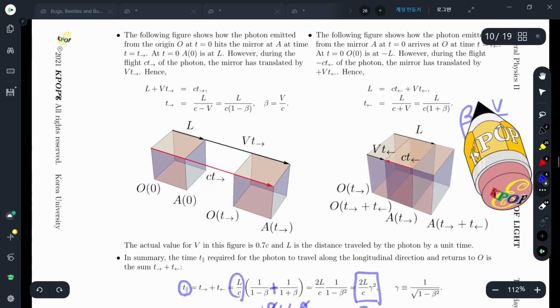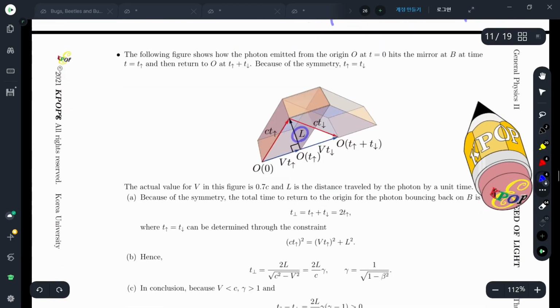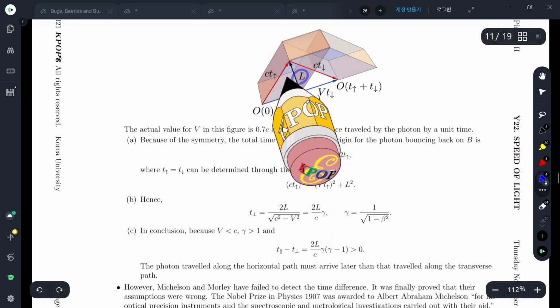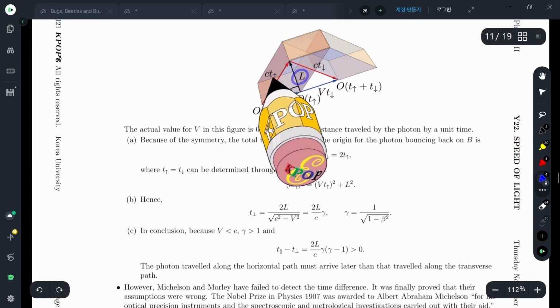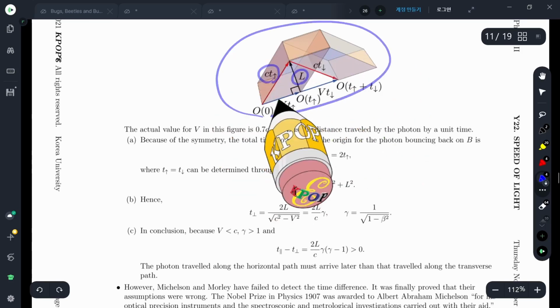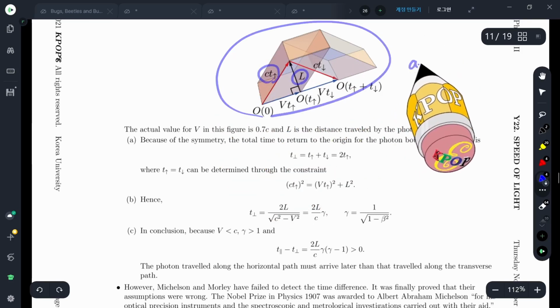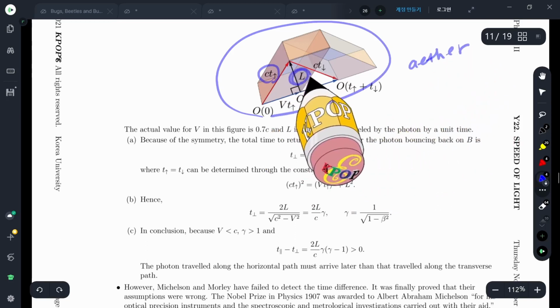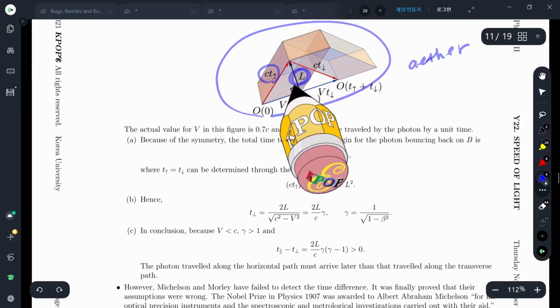Either way, we arrive at the same result. Going up and down, they are symmetric. So whether we use the result measured in the ether rest frame or the Earth rest frame, it is the same.